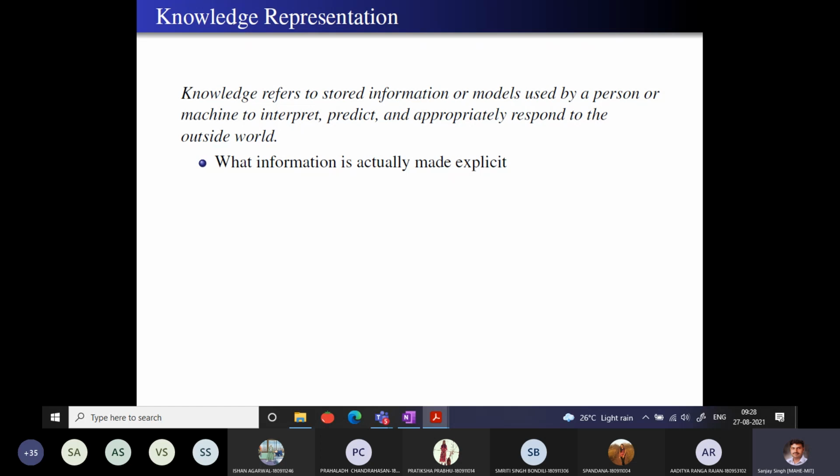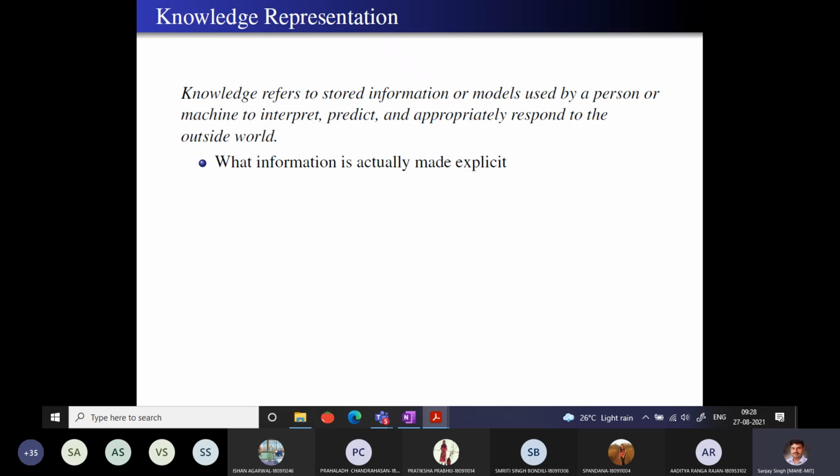So knowledge refers to stored information or models used by a person or a machine. Remember that: stored information used by a machine to interpret, predict, and appropriately respond to the outside world, right? Remember we discussed last class passing through the Nagabana road here.